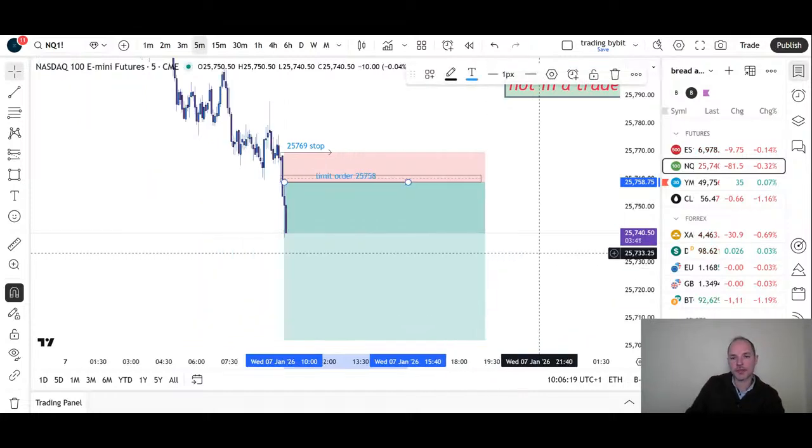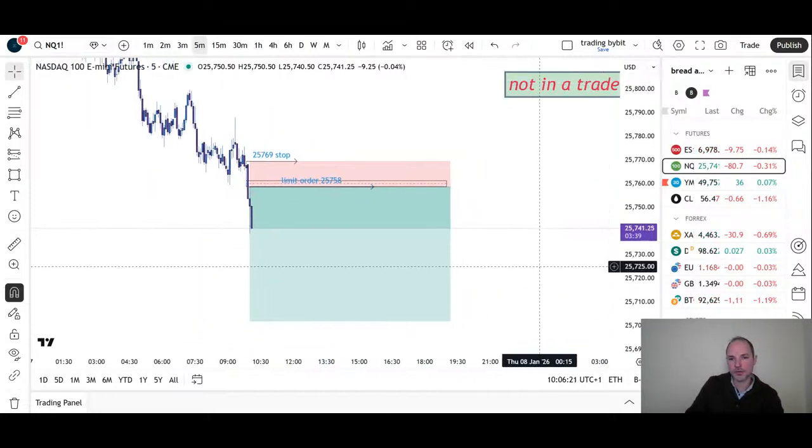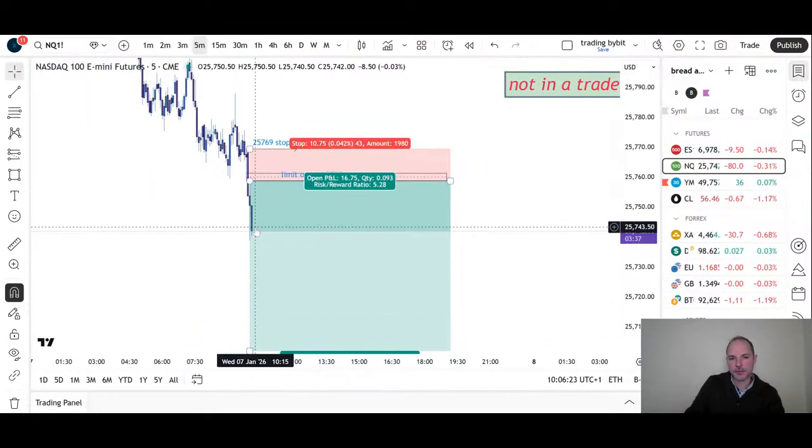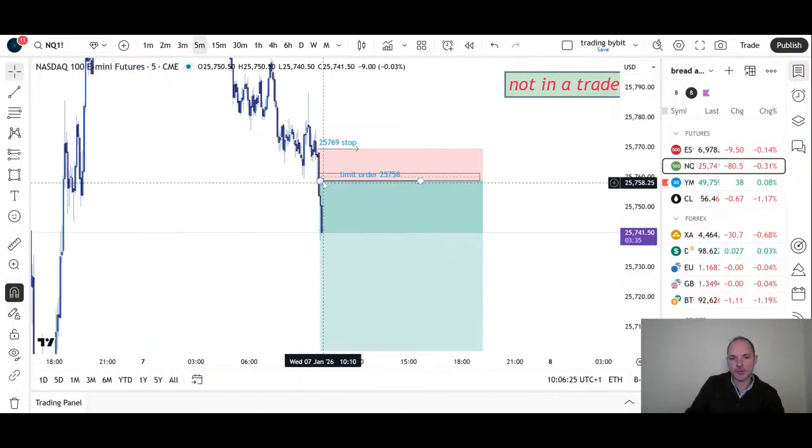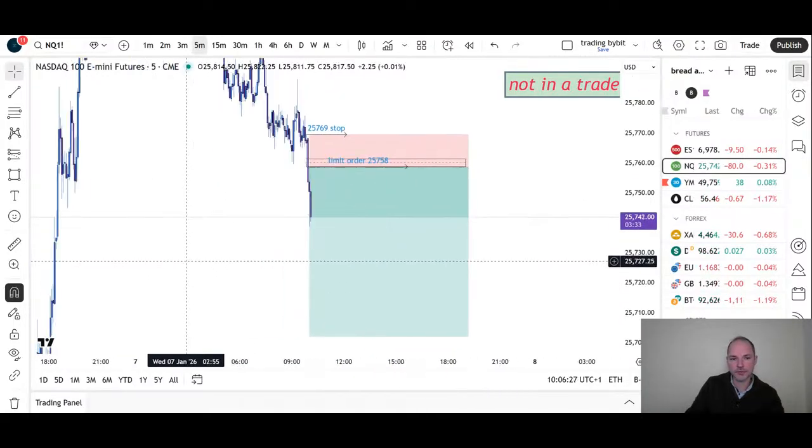It's definitely heading for that 7-8 level right now, so it's wanting to go down. But I preferred that it hit our limit order first before it started falling further.